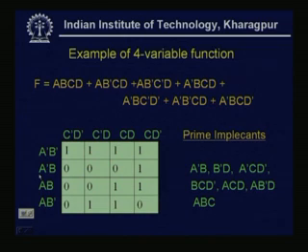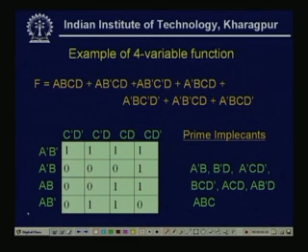Now, again we take one 4 variable function. See, this 4 variable function F is given with 7 minterms: 1, 2, 3, 4, 5, 6, 7. Now, we see what the minterms are. See, A B C D, this is one minterm, so I am calling it my first minterm.